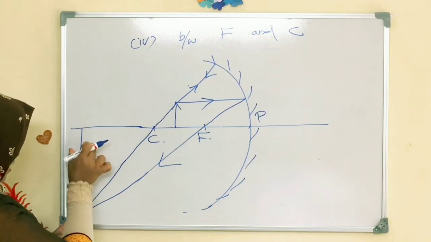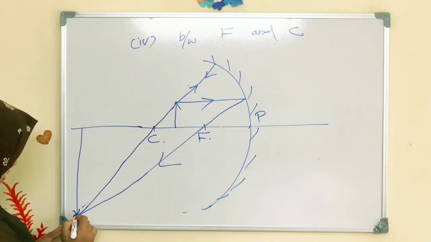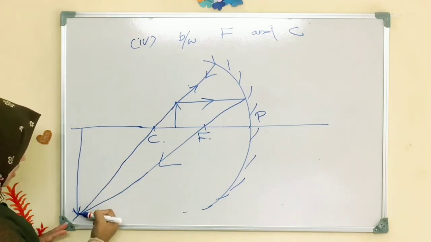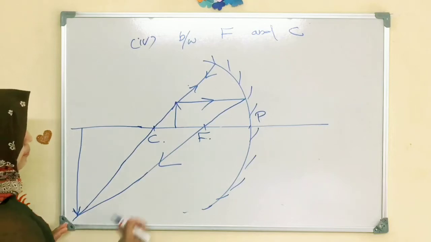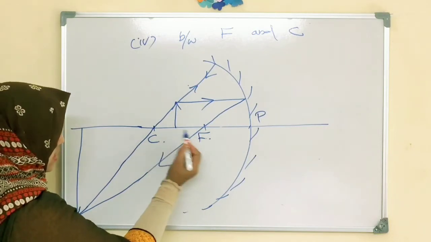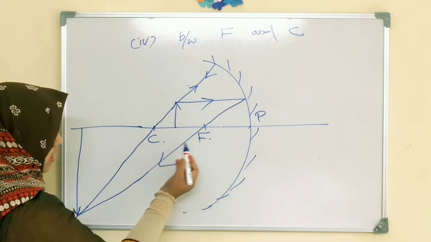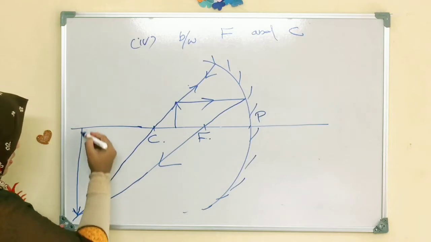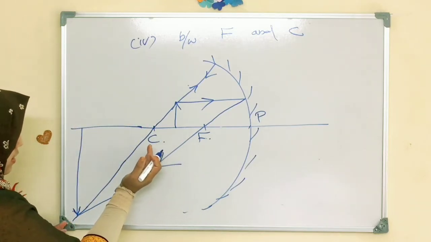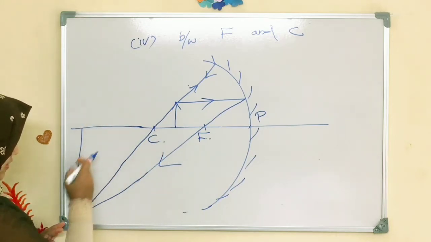Here we got the image. Downward you can see one image that is larger in size, that means a magnified image. This is the object. Our object is kept between C and F, principal focus and center of curvature. Beyond C we got the image, formed beyond the center of curvature.